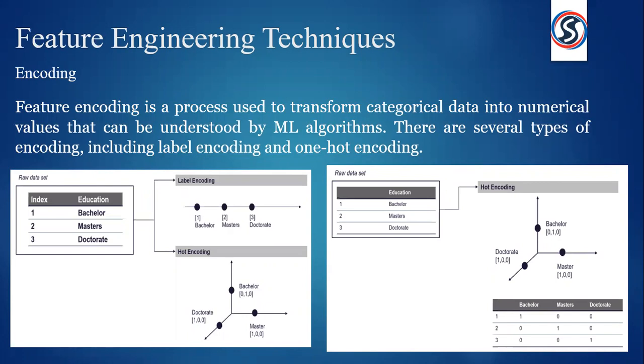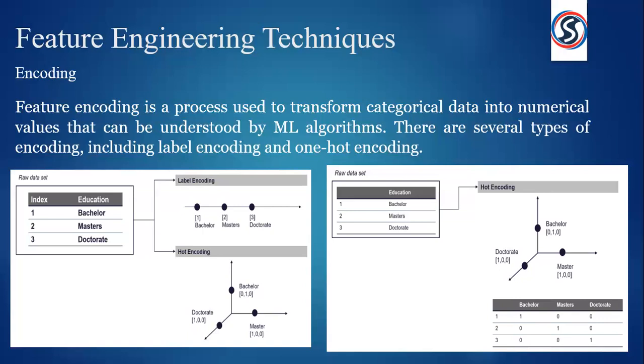If I say I have completed my bachelor's, or post graduation or masters, or a diploma in statistics or economics, there is this differentiation. How am I going to make the machine understand these? In a machine readable form, I am going to convert the categorical values to numerical values.